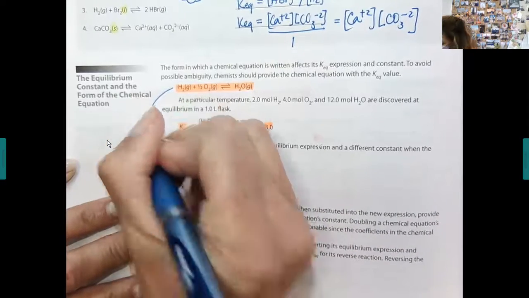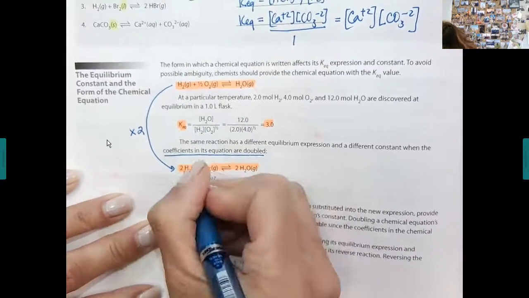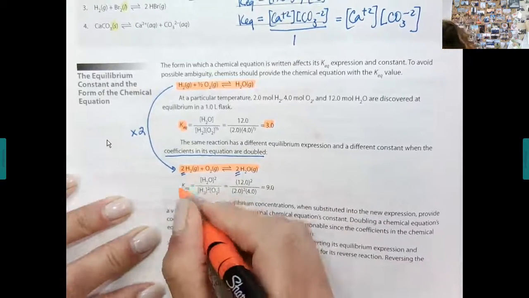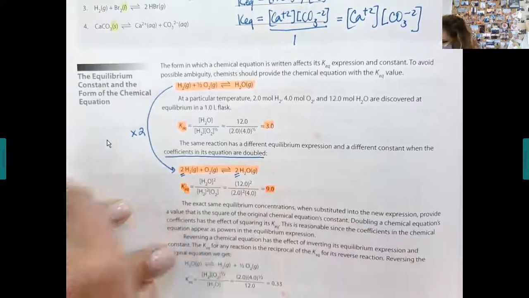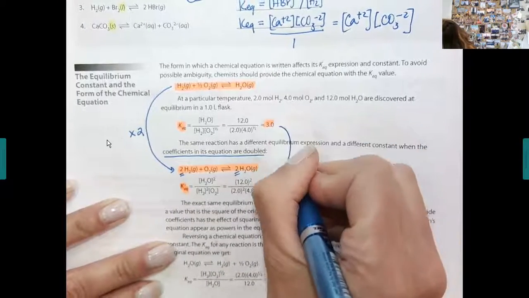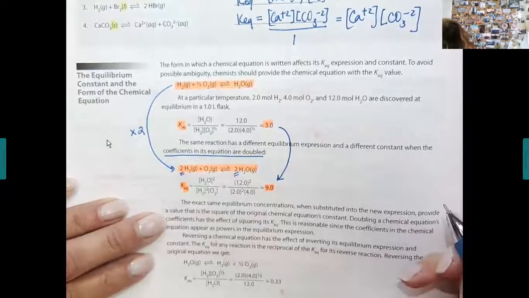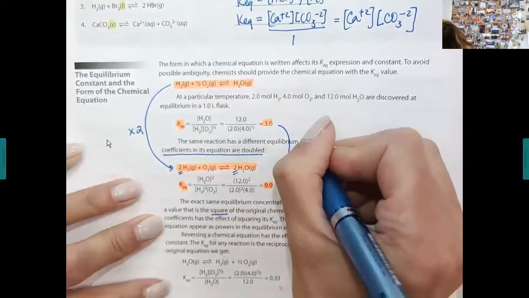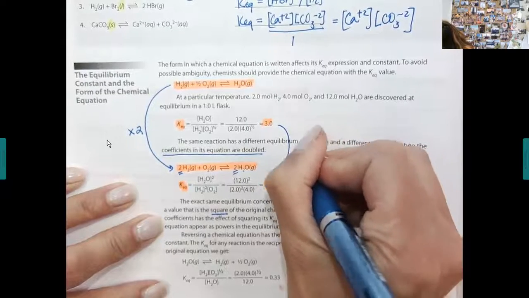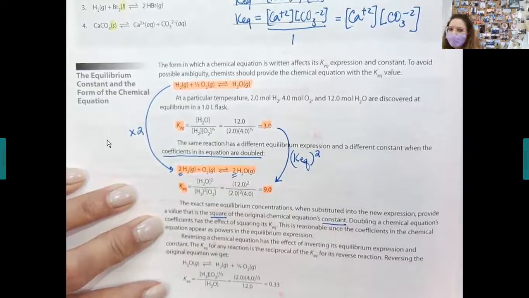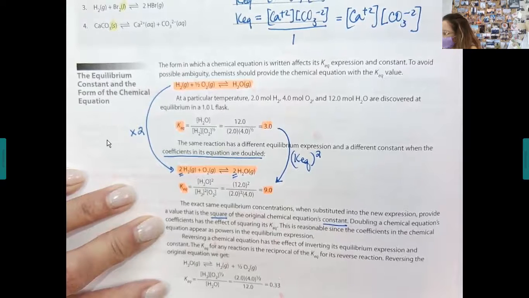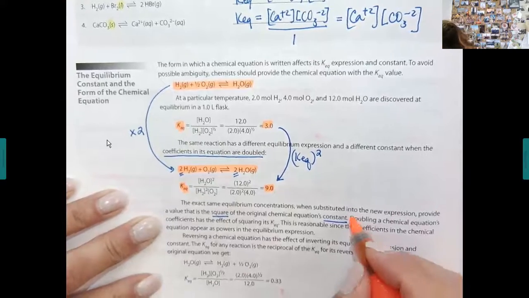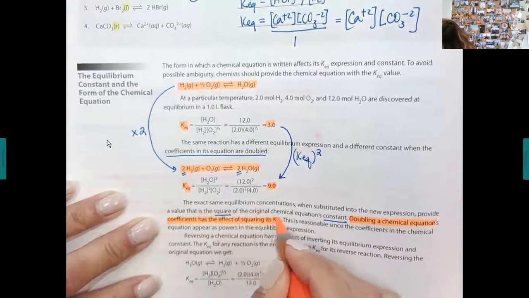So this got multiplied by 2. You'll notice that your KEQ value went to 9. So that means when you double the coefficients, you're going to end up squaring the constant. So the KEQ was squared. So doubling a chemical equation's coefficients has the effect of squaring its KEQ.